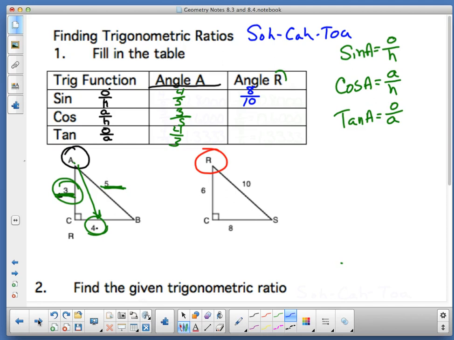The cosine of angle R, adjacent over hypotenuse, 6 over 10. The tangent of angle R is opposite over adjacent, 8 over 6. Are you okay with those? Okay, feeling better? Now, I purposely picked the triangles I did, and I want to make sure that you are aware.